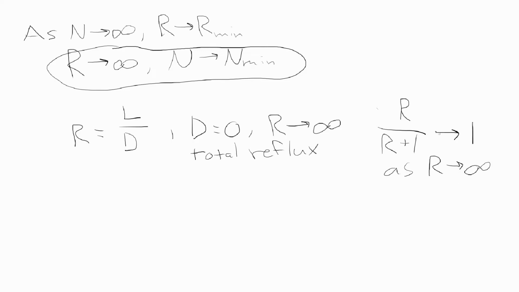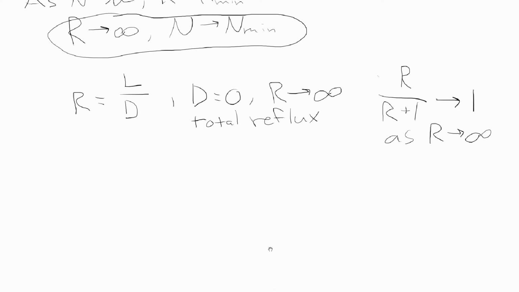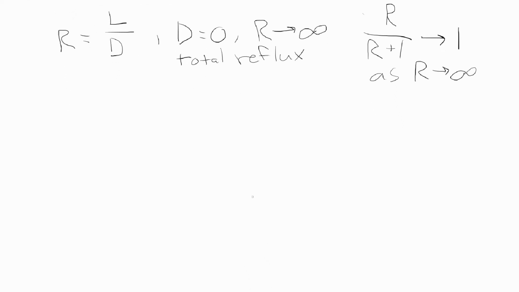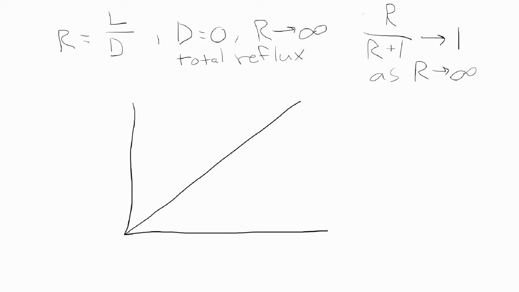Okay, so what this is telling us is that at total reflux, the slope of our rectifying section operating line is 1. And of course, we know that a line with a slope of 1 is a 45-degree line. So if we now draw our equilibrium curve and 45-degree line construction, we get something like this.